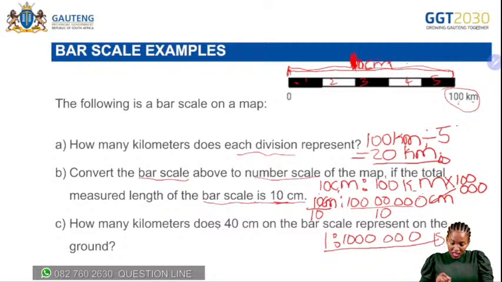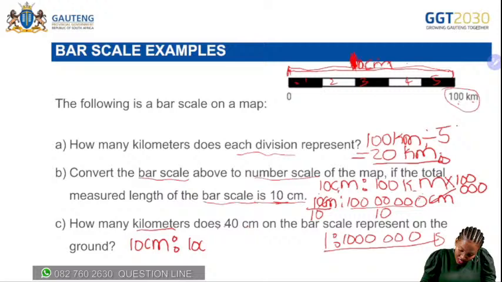So the next question says, how many kilometers does 40 centimeters on the bar represent? Remember, on this bar, 10 centimeters represented how many kilometers? 100 kilometers. Now they are asking if you have 40 centimeters, it would represent how many kilometers?